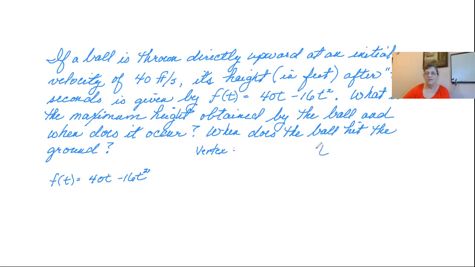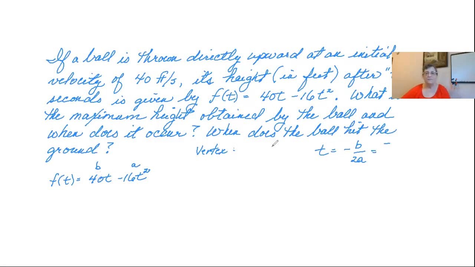So first of all, we need to find the vertex. We're going to have t, in this case, equals negative b over 2a. That's going to be the when. That's a t-value. Now, these are written backwards. This is B, this is A. A is the coefficient of the squared variable. B is the coefficient of the variable raised to the first power, and C would be the constant.